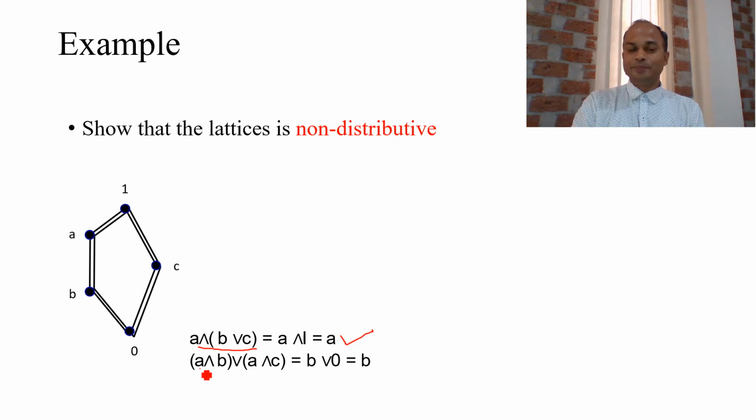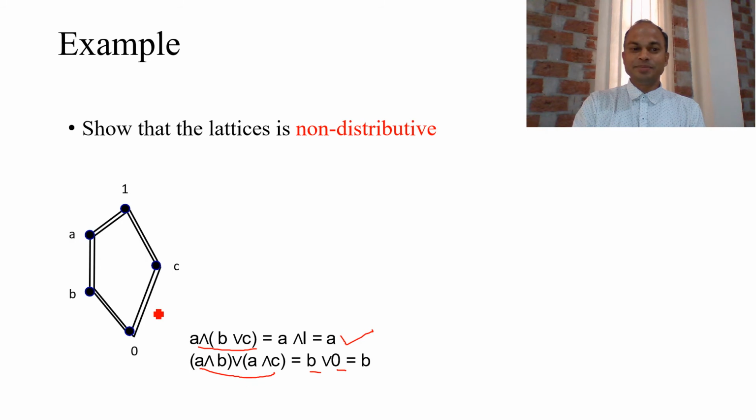And if we compute the other side, (A intersection B) union (A intersection C): A intersection B gives B only, and A intersection C gives 0 only. How can we compute it?